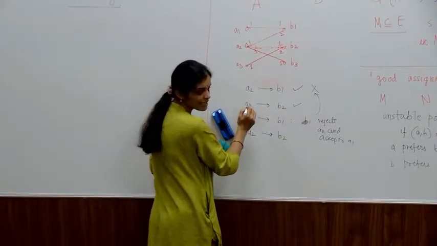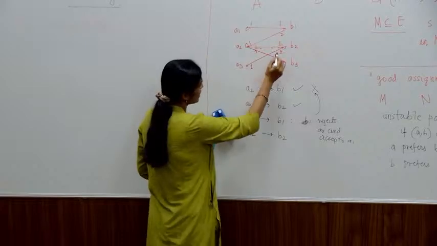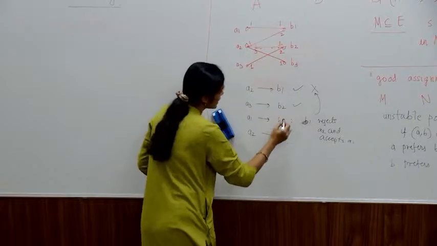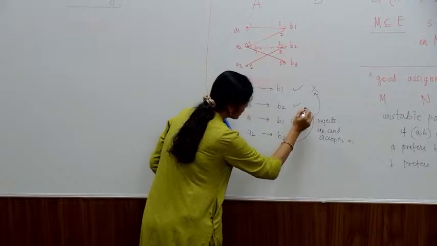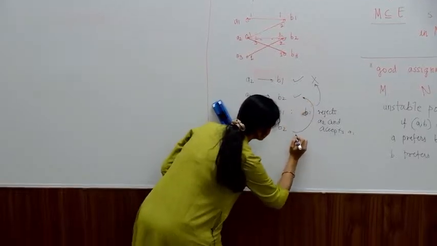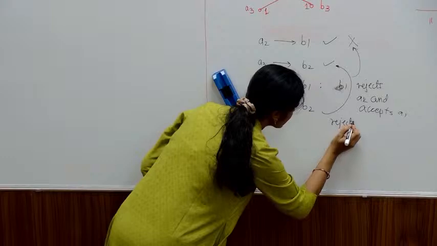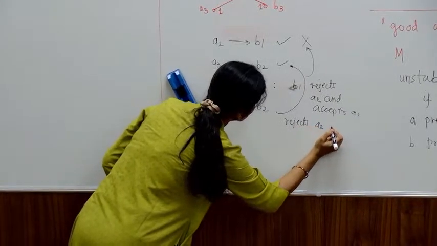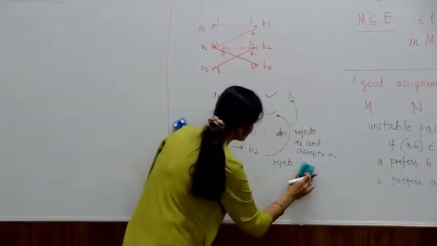B2 has given a tentative acceptance to A3, which is a weaker partner, and therefore it withdraws that. This triggers a rejection: B2 rejects A3 and accepts A2.